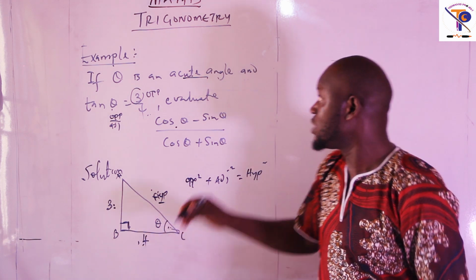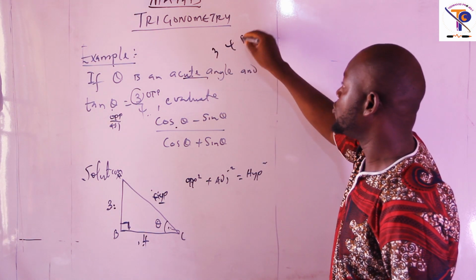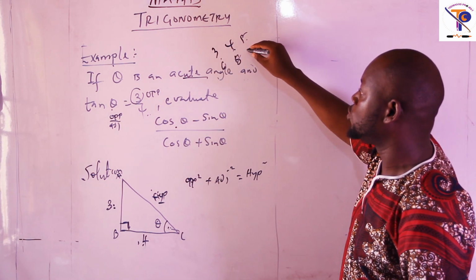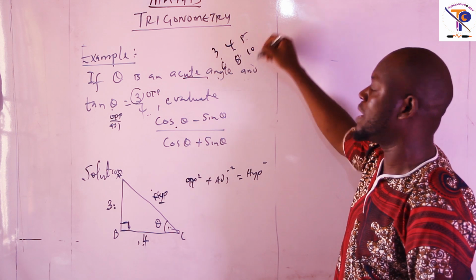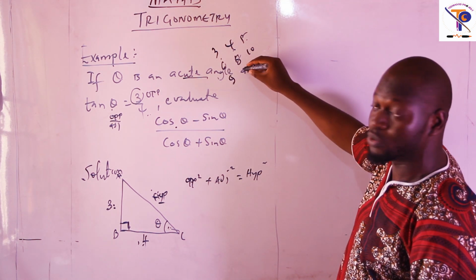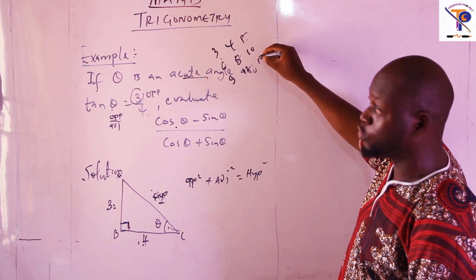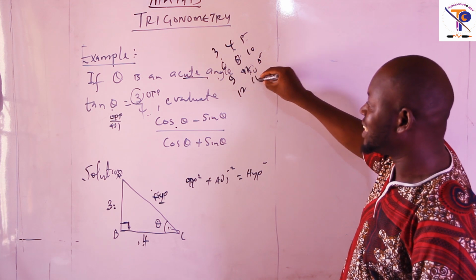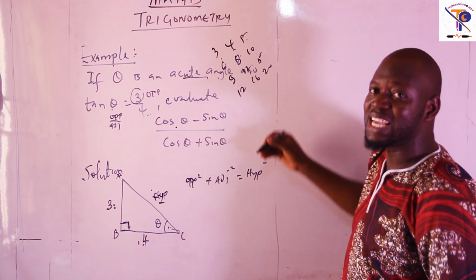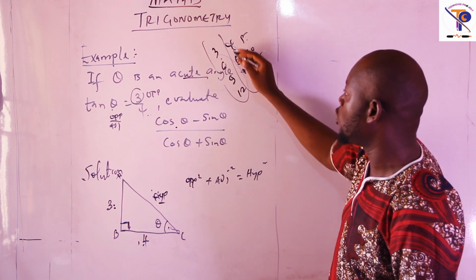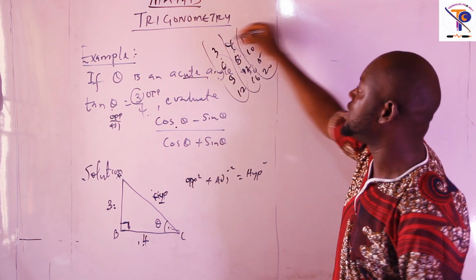For 3, 4, 5, you multiply by 2: 3 becomes 6, 4 becomes 8, 5 becomes 10. These are Pythagoras triples. Multiply by 3: 9, 12, 15. Multiply by 4: 12, 16, and 20. These are Pythagoras triples.